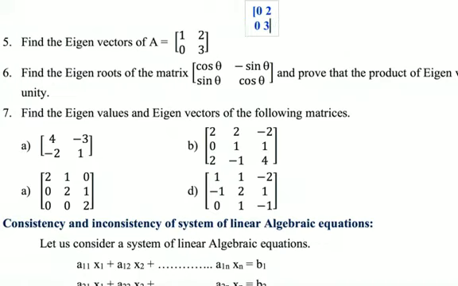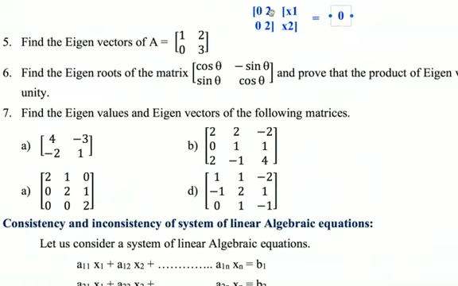Wait a minute, this is 2, into the column vector x1, x2, equal to 0.